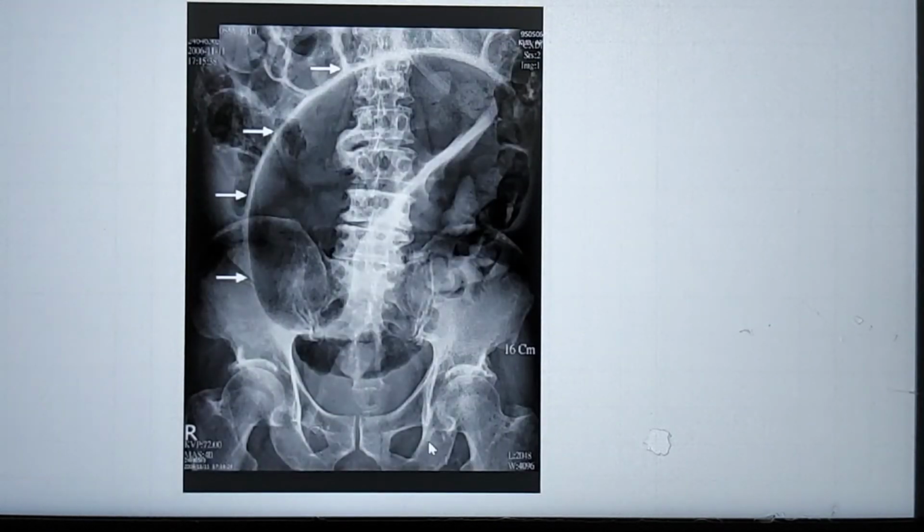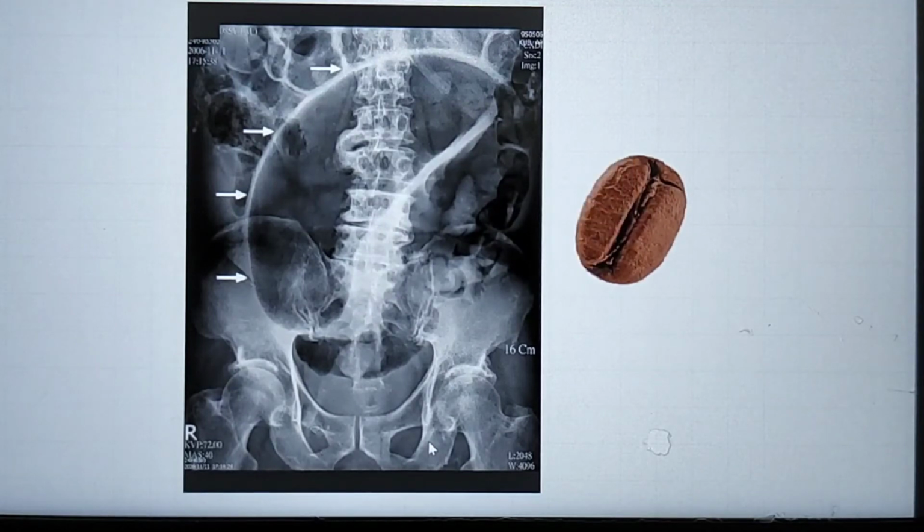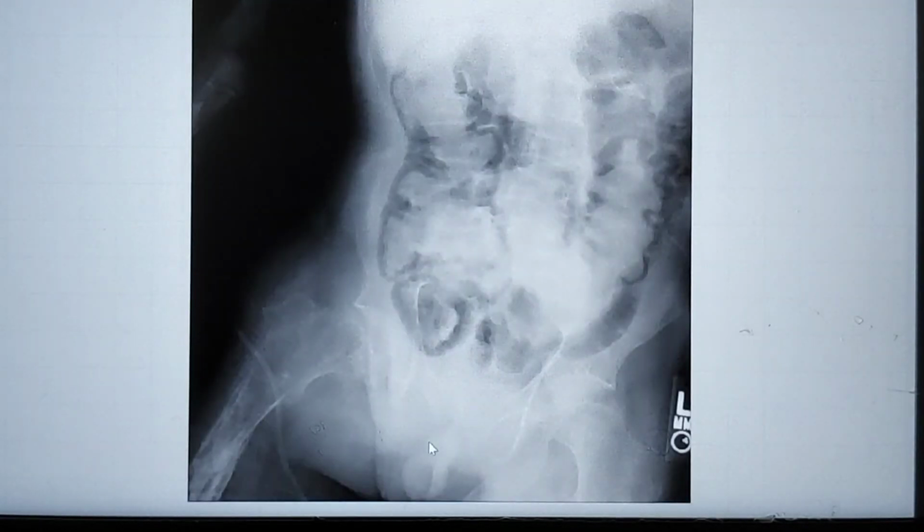Okay, this is also another pathognomonic finding for sigmoid volvulus, which can also be a cause of intestinal obstruction. This sign is also called the coffee bean sign. And this is also another example of large bowel dilatation seen on abdominal X-ray with pneumoperitoneum.